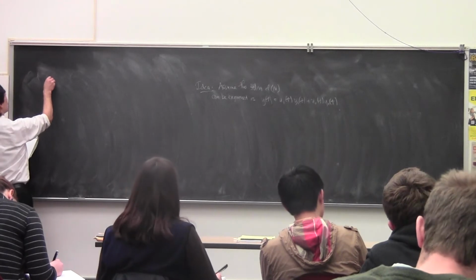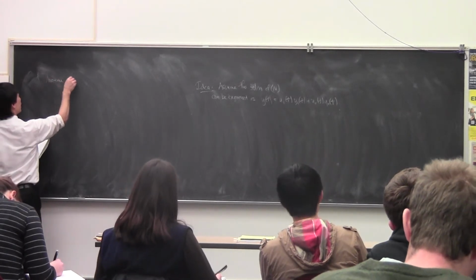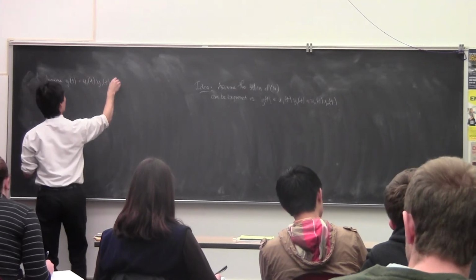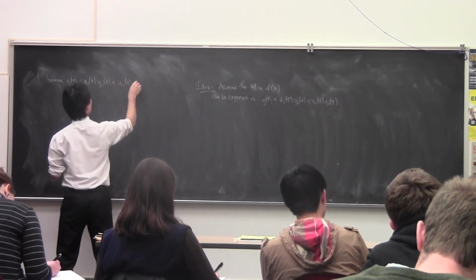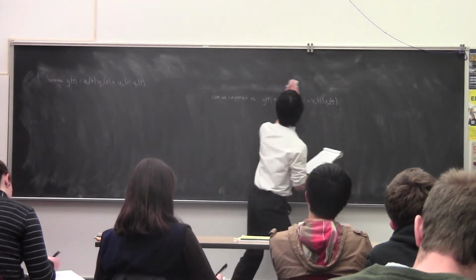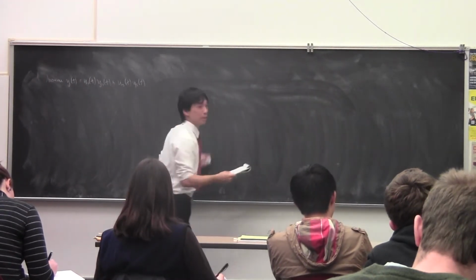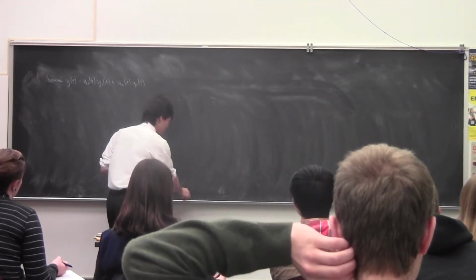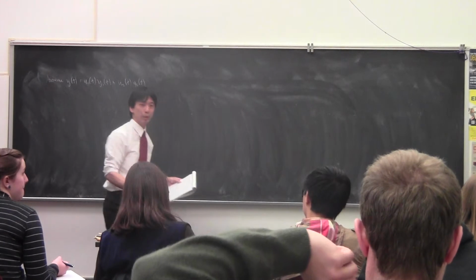So assume some function times the first solution plus some function times the second. We'll just plug that back in and see what that says about what we need to do to figure out what u1 and u2 are.